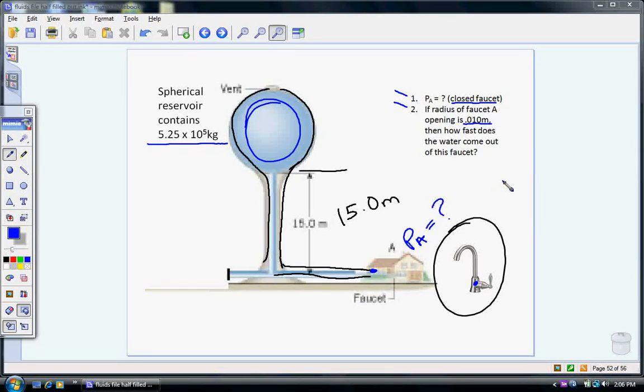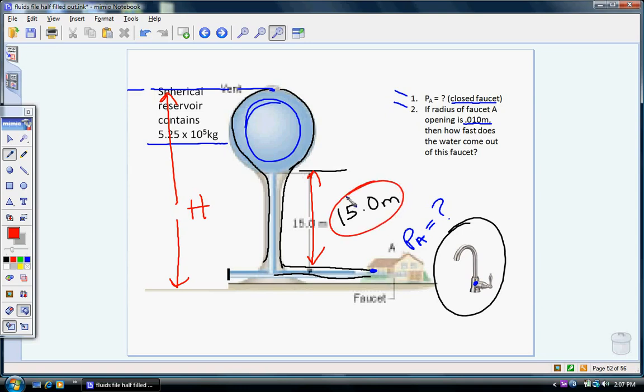So the first thing we're going to have to do is figure out how high the water is over here, from here to the ground. We need to know this big height right here. We know from here to here, 15 meters.